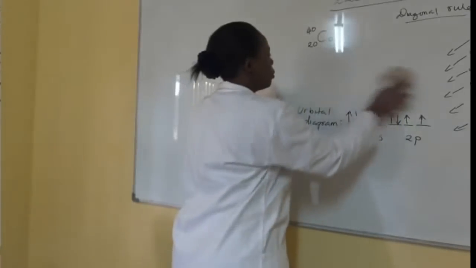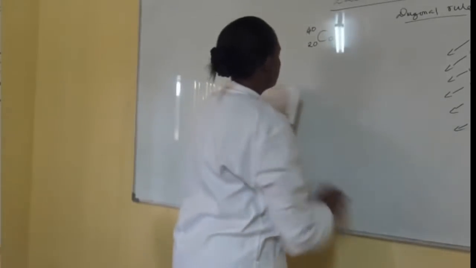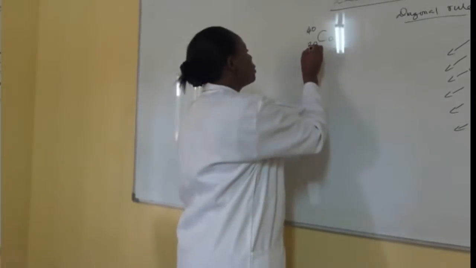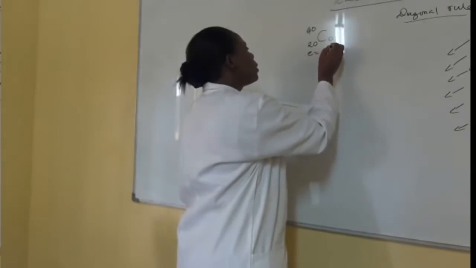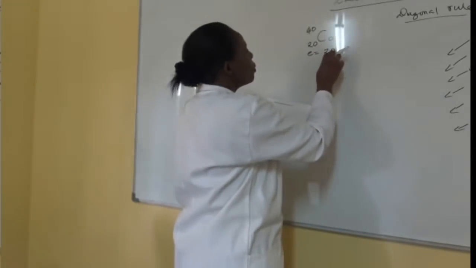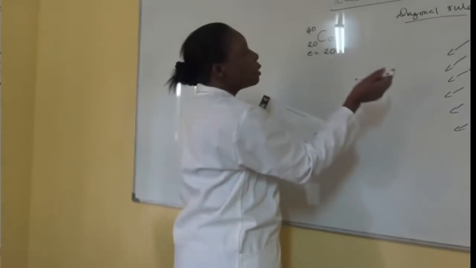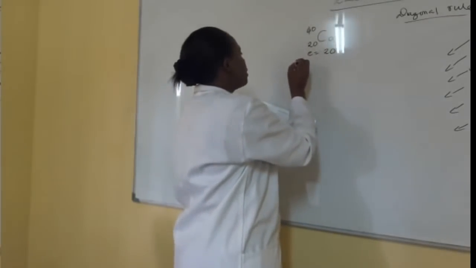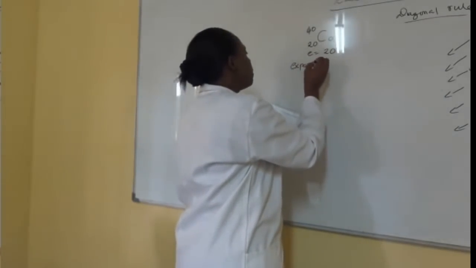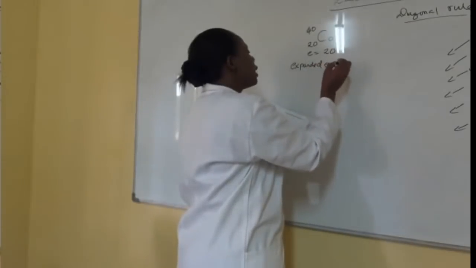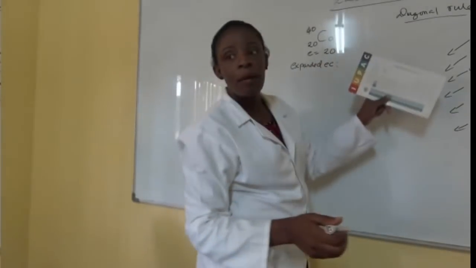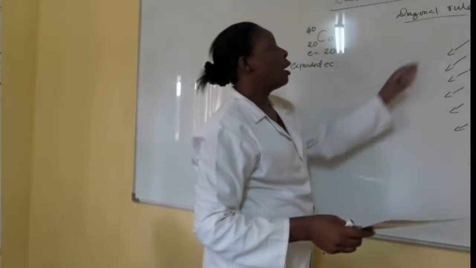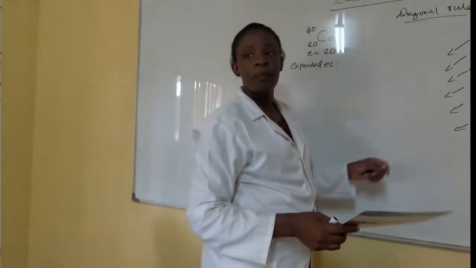Okay, so we see that here, number of electrons is 20. So let's look at the expanded electronic configuration. We follow the same orbital diagram.